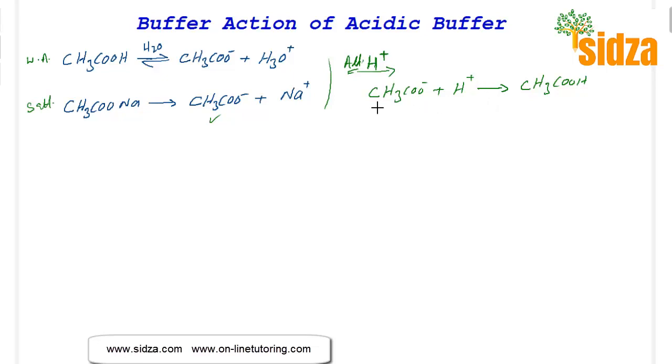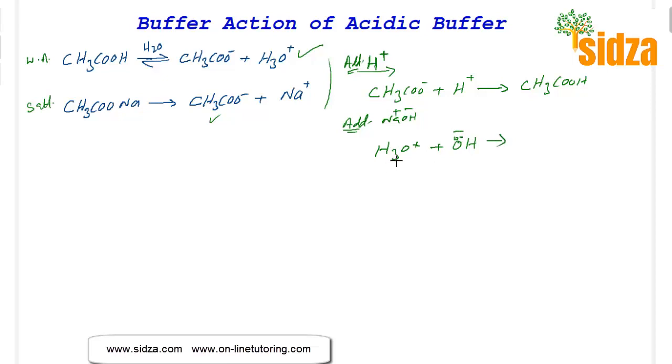Now what happens if you add a small amount of a base? For example, a small amount of sodium hydroxide. If you add a base, the hydroxide ion is going to react with the H3O+ ion.